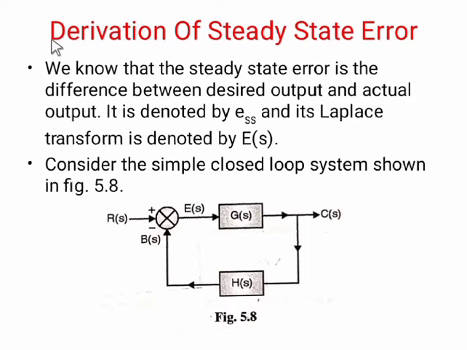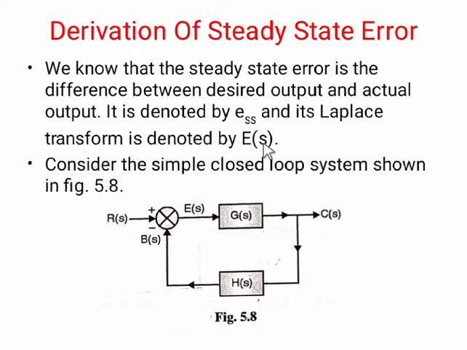Now the derivation of steady state error. The definition of the steady state error is, we know that the steady state error is the difference between the desired output and the actual output. It is denoted by e_ss and its Laplace transform is denoted by capital E(s).